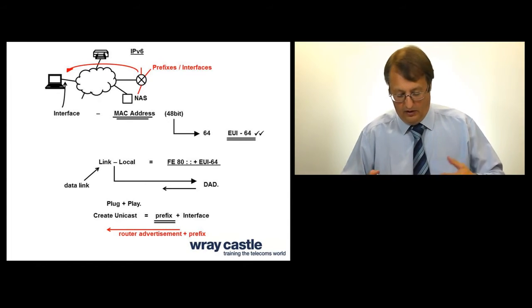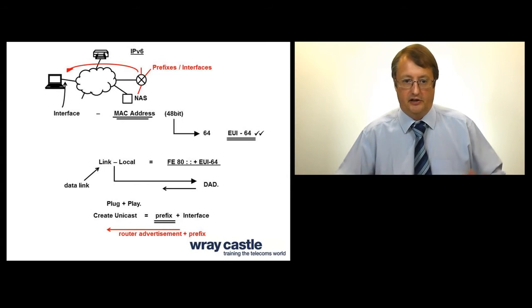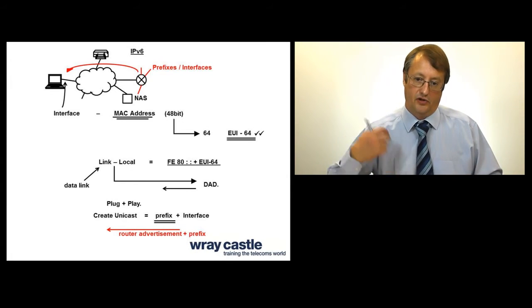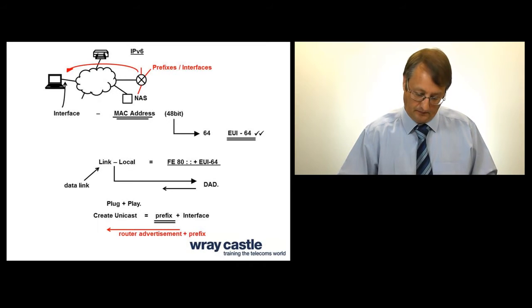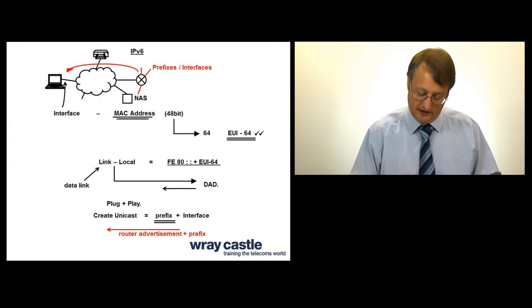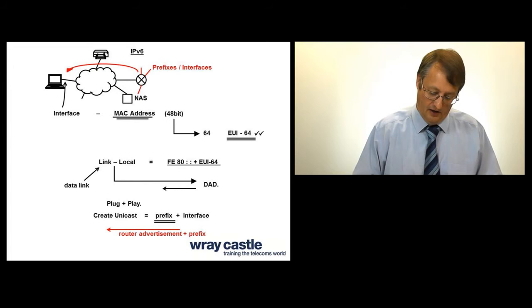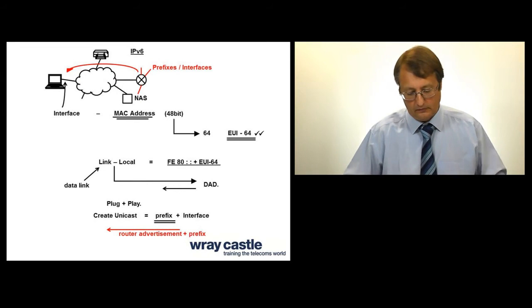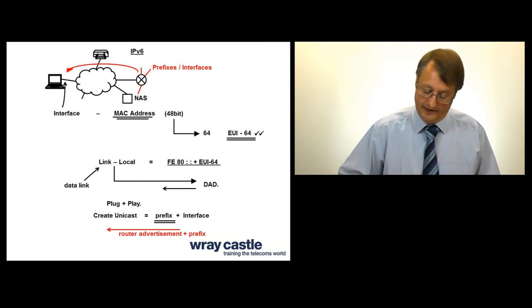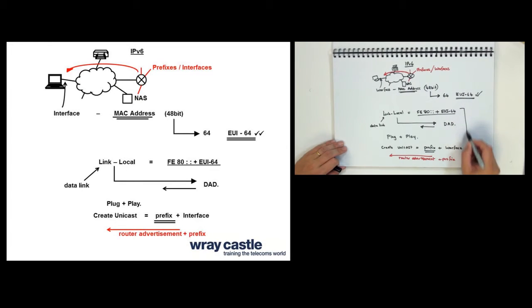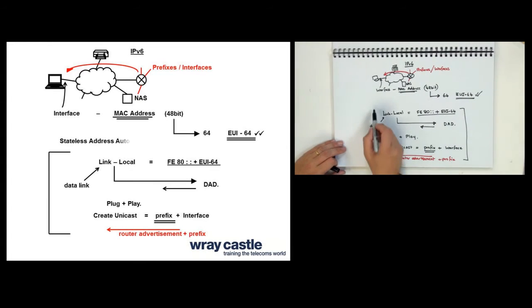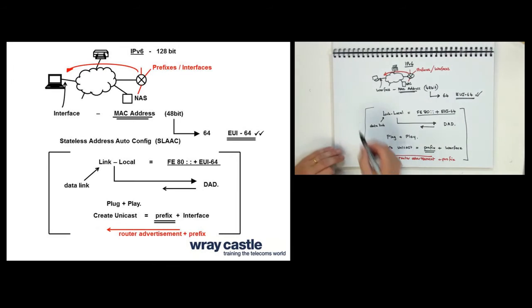So again, we'll create a unicast address, we'll check to see if it's unique, and then if so, we'll start to use it. So that's a classic way of performing address auto-config, really, because it's all done essentially under the hood. So all of this here is part and parcel of that, and it's really what we call stateless.